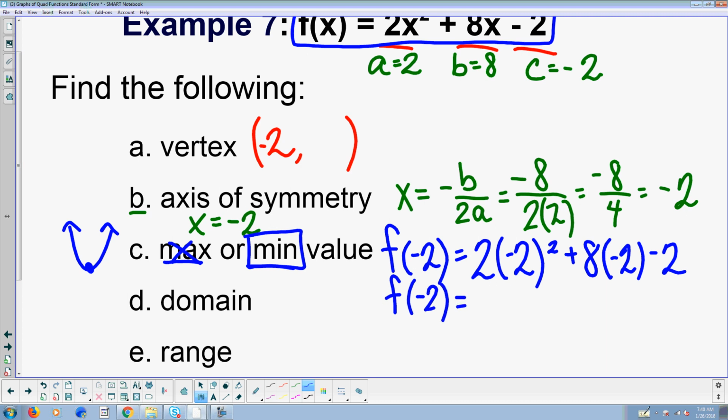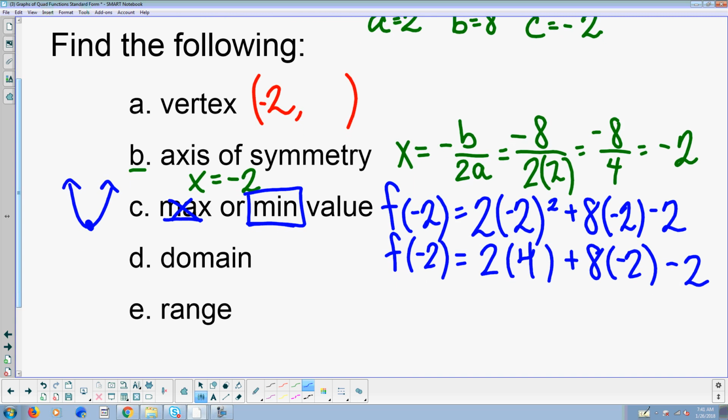Okay, so we have an exponent that needs to be simplified first here. Negative 2 squared is negative 2 times itself, or 4. So this simplifies to be 2 times 4 plus 8 times negative 2 minus 2. Now I want to do my multiplication after I've evaluated the exponent.